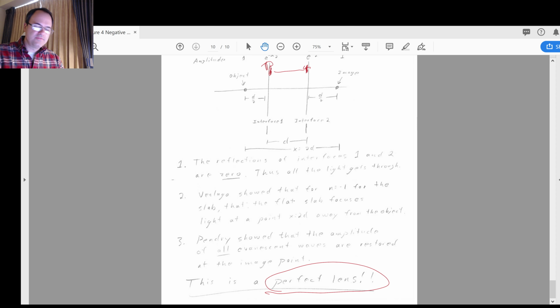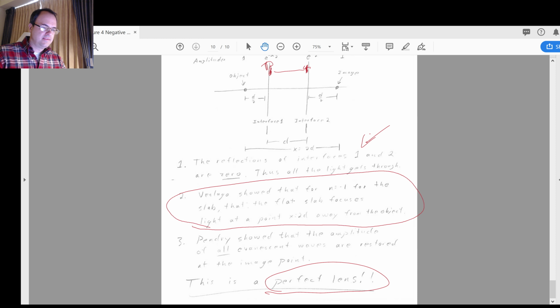The reflections off interfaces 1 and 2 are 0, so you have no reflections. All the light gets through. Vizlago went part of the way to show that this flat slab can focus light down to a point away from the object.